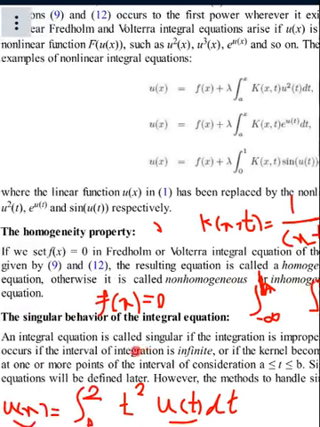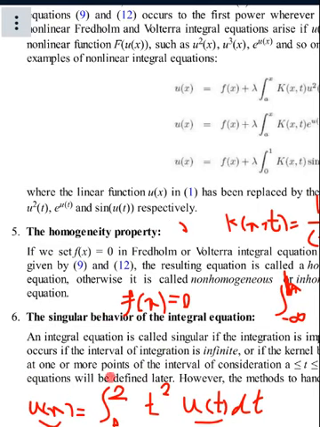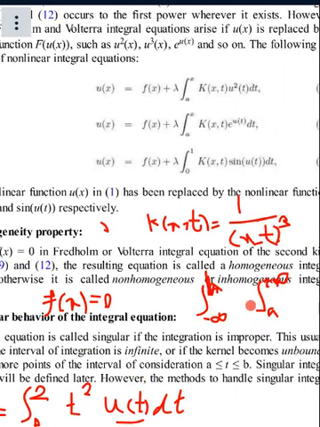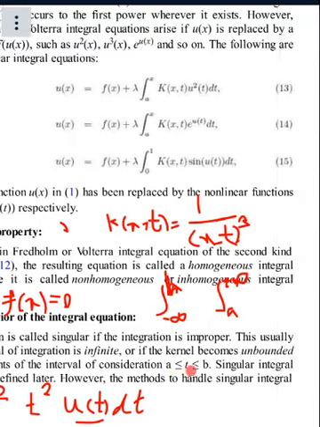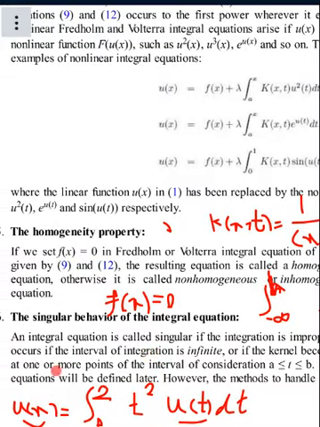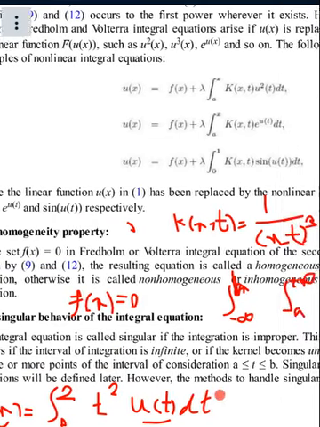This usually occurs if the interval of integration is infinite, as I explained to you, or if the kernel becomes unbounded, for example in this case, at one or more points of the interval of consideration.